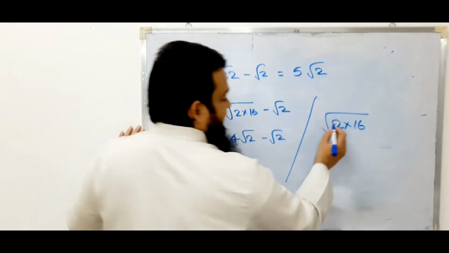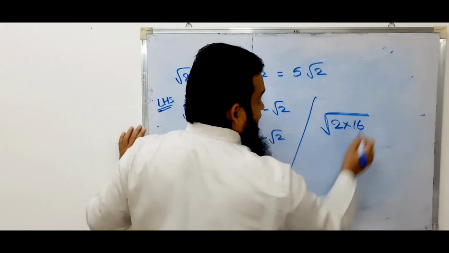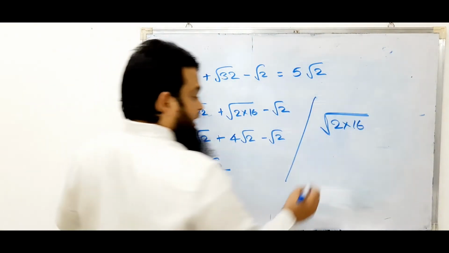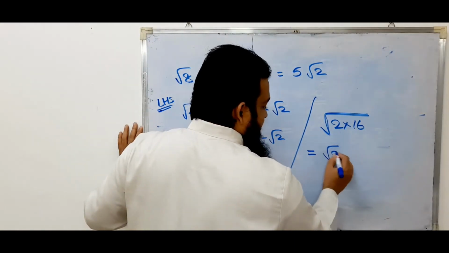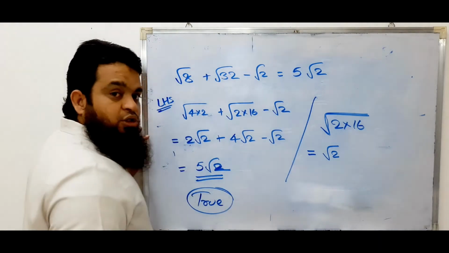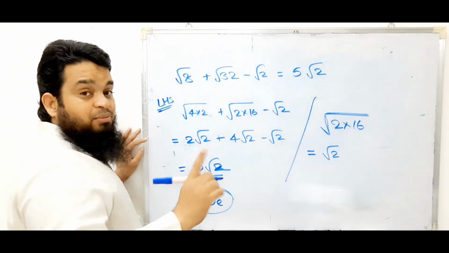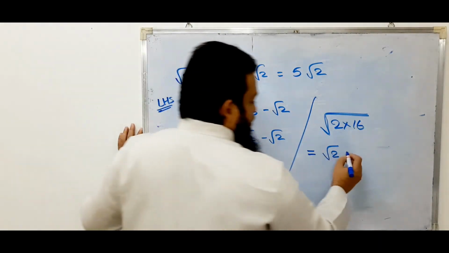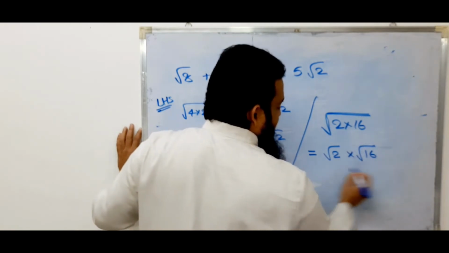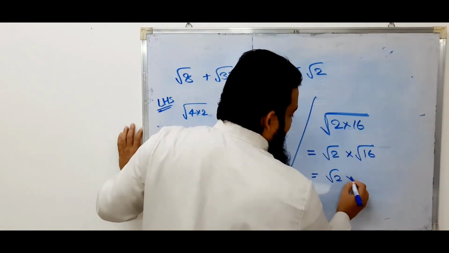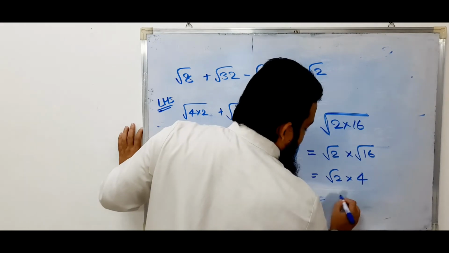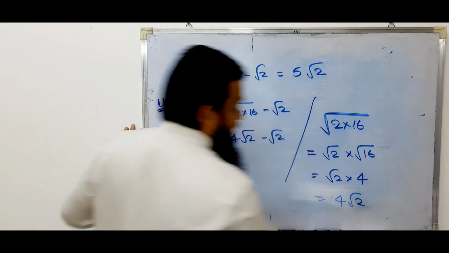Okay. So if anybody has doubt in this, root of 2 times 16: can I distribute this root according to the laws of exponents for real numbers? Yes, we can. In multiplication we can. In division also we can distribute. But addition and subtraction we cannot distribute. So root 2 times root 16, root 16 is 4. So that is equal to 4 root 2. This is how we did it.